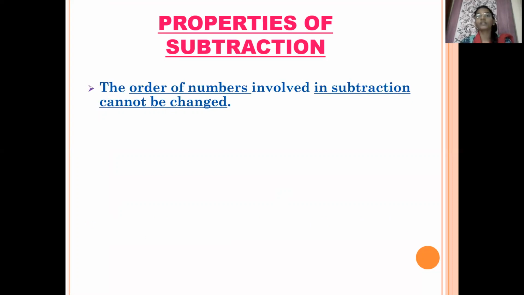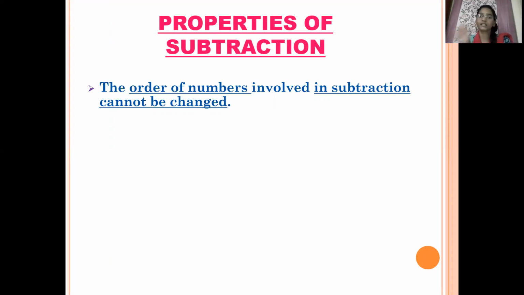Order property was applicable for addition operation, isn't it? In simple words, 2 plus 3 is equal to 5. Here you are adding 2 with the second number 3 and you get the result 5.